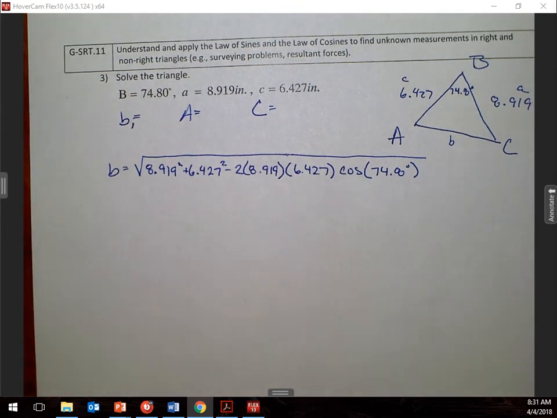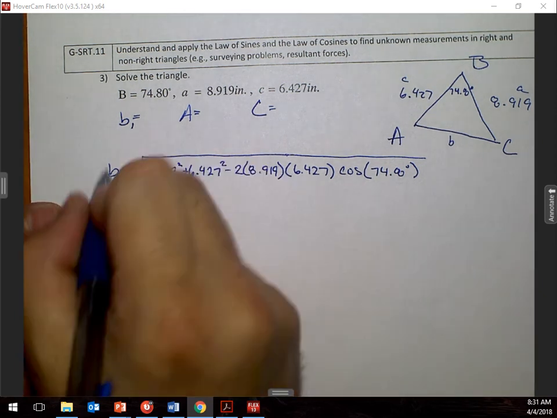So big long problem, right? Easy problem. Put it in the calculator. B equals 9.528.